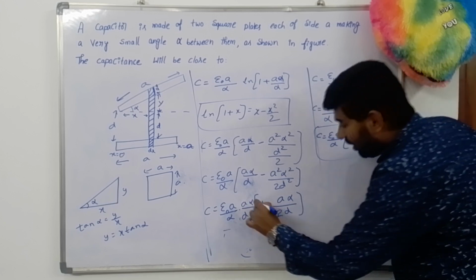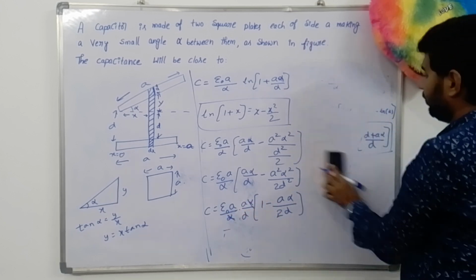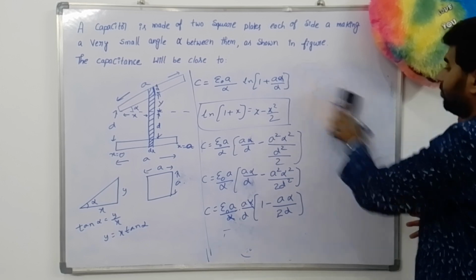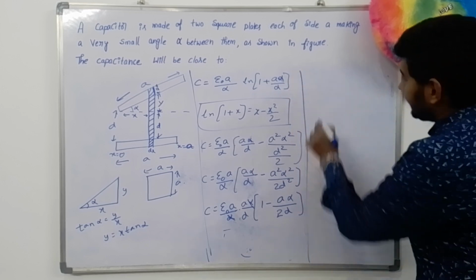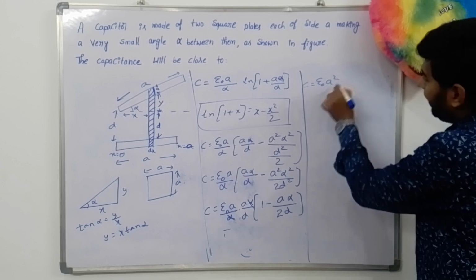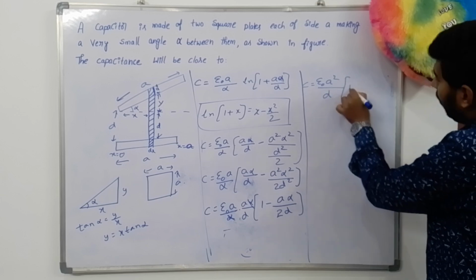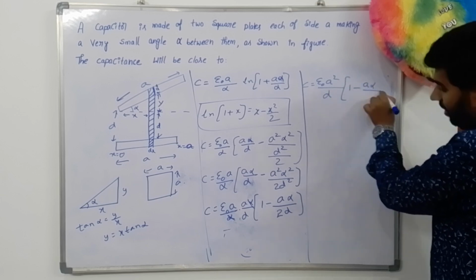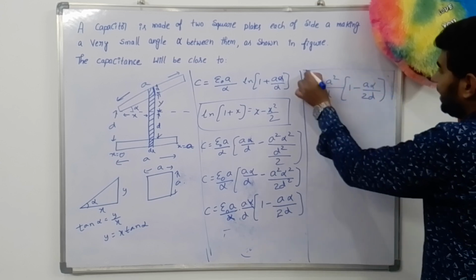Now if you observe, alpha and alpha are cancelled with each other. From this C is equal to epsilon naught a square by d multiplied with 1 minus a alpha by 2d. This is the final answer.